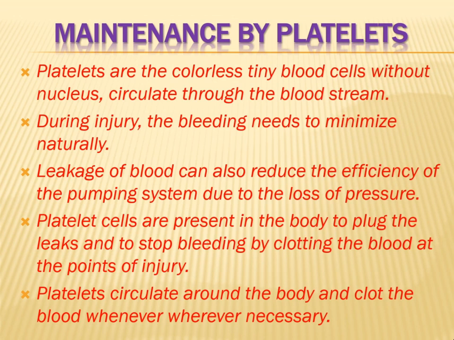Blood comes out for a very small time period, but after that, why does the blood stop coming out? This happens because of platelets. Platelets help to stop the bleeding naturally, to minimize the bleeding, during an injury.